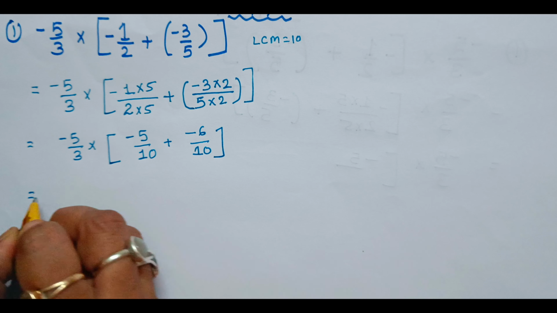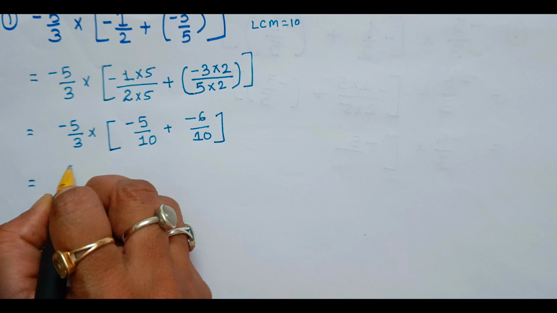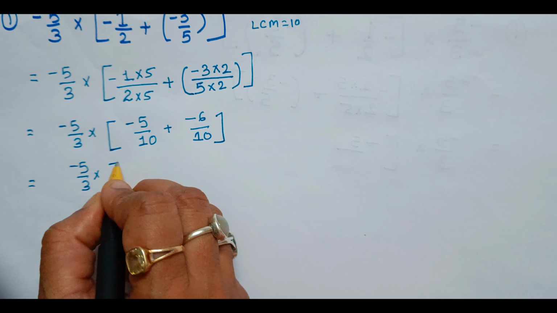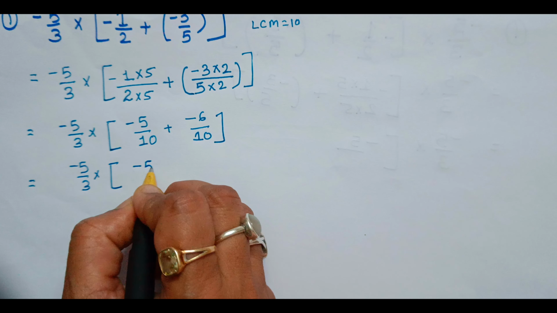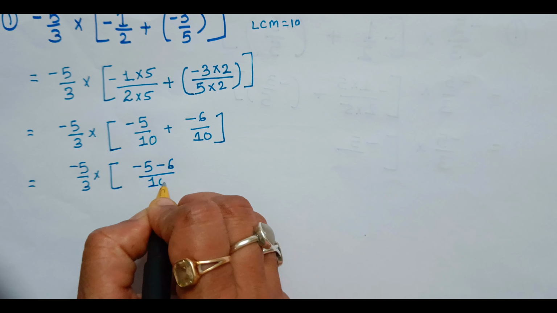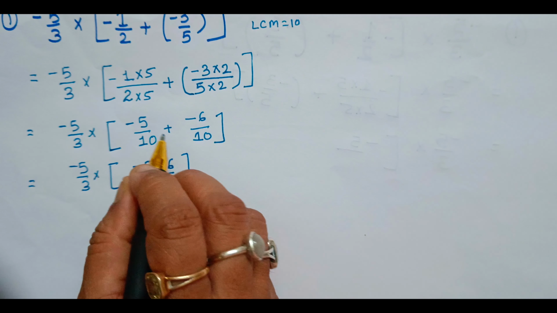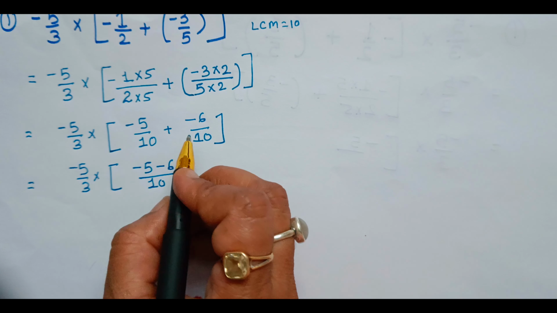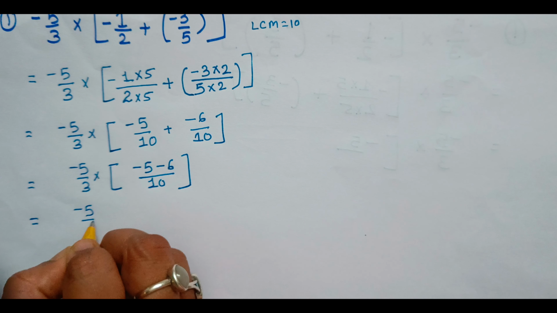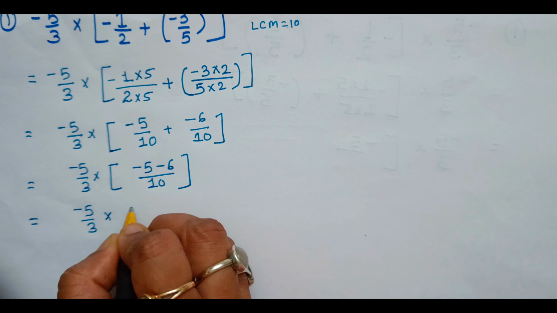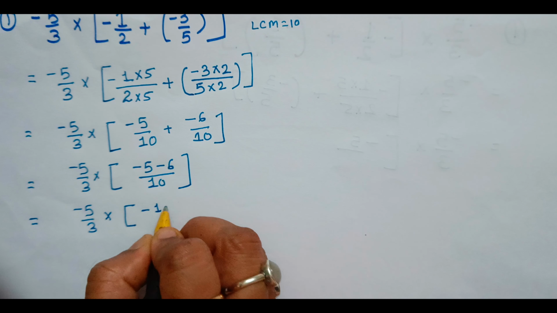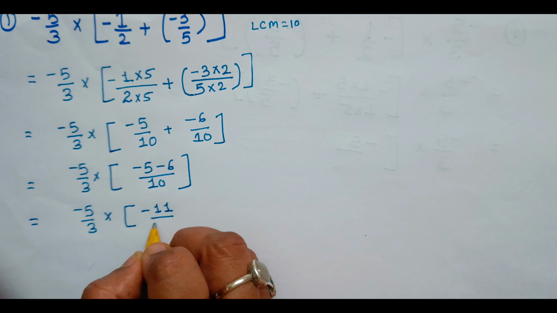It is equal to minus 5 by 3 multiplied by minus 5 minus 6 divided by 10. We add the numerator: minus 5 by 3 multiplied by minus 5 minus 6 is minus 11 divided by 10.